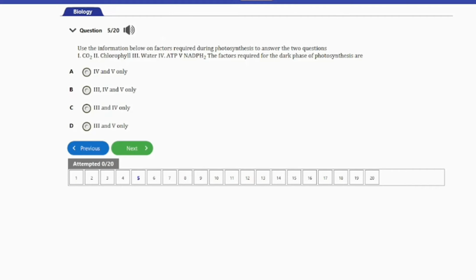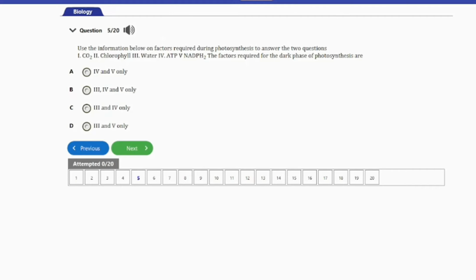So, the factors required for the dark phase of photosynthesis are A. IV and V only, B. III, IV and V, C. III and IV only, D. III and V only. So guys, if you can remember the process of photosynthesis, we have the light phase and the dark phase. So in the dark phase, the materials required are usually ATP and NADPH. So that's it for this question. Option A is the answer to this question.